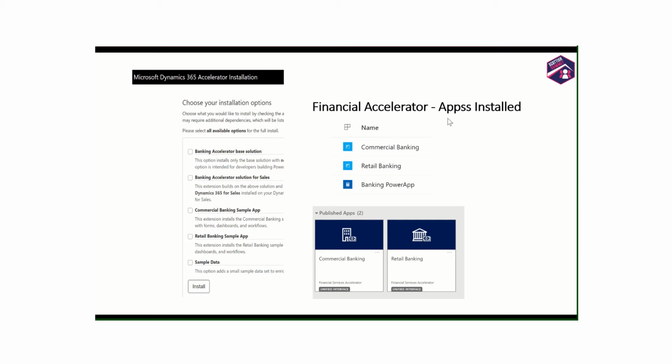Once it is done, you will see the following apps installed: the commercial banking and retail banking apps. And also there's a banking power app, which I will show you soon. If you go to Dynamics 365 environments, you will see the commercial banking and retail banking in the unified interface with the financial services accelerator.